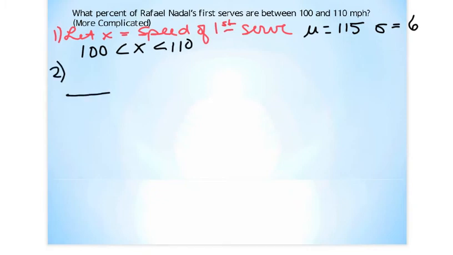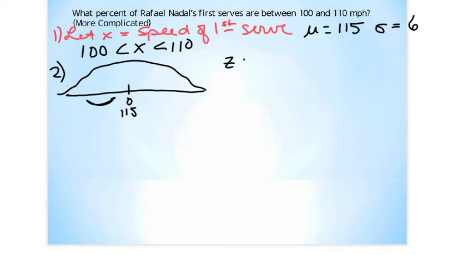So here's my picture. And I want to know between 100 and 110. I'm going to go ahead and standardize these scores. I know that this is 115, so I know it's going to be somewhere down here. So Z for 100 is 100 minus 115 over 6, which is negative 2.50.